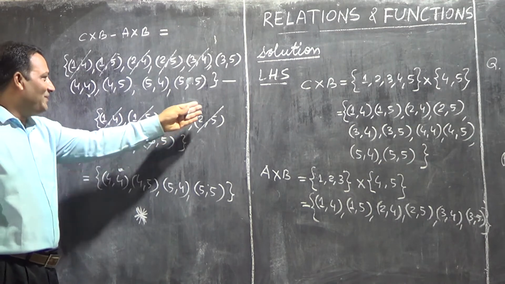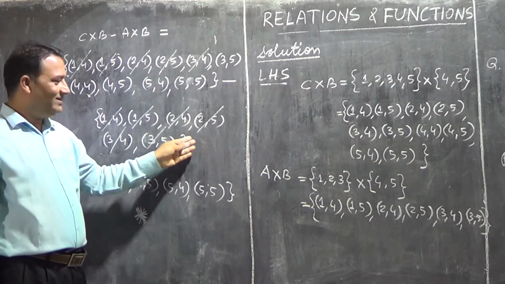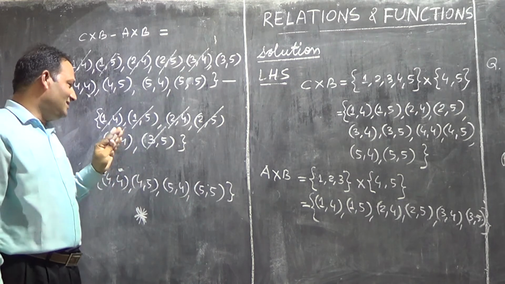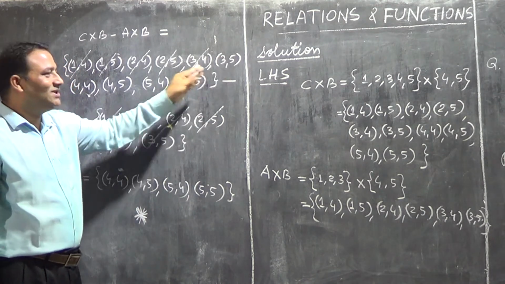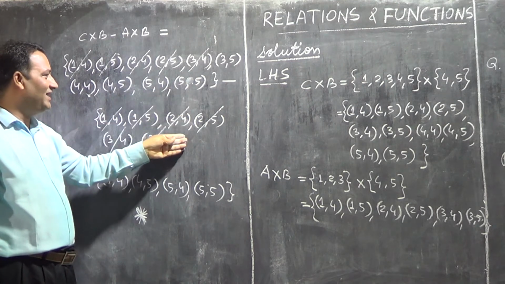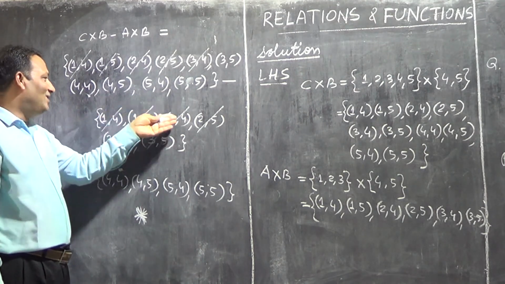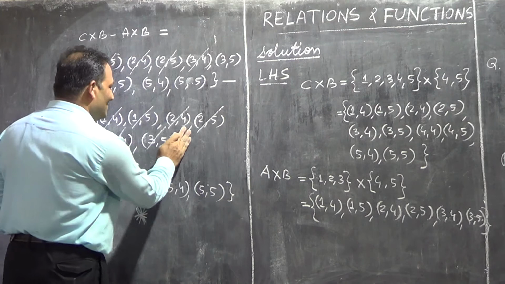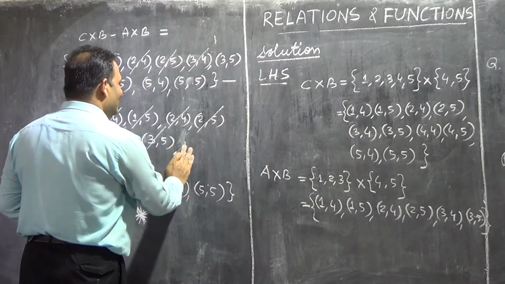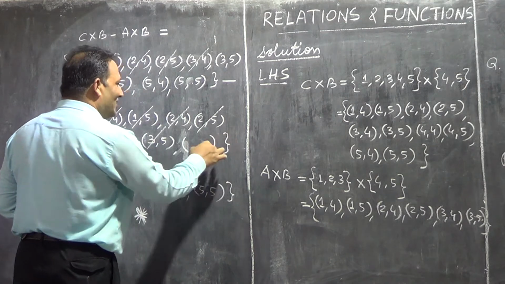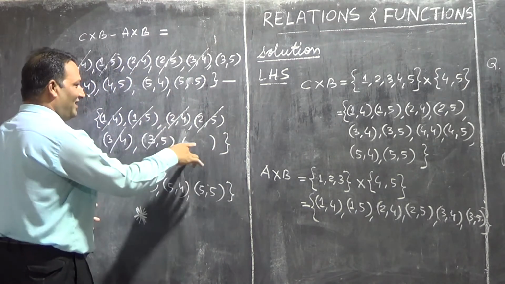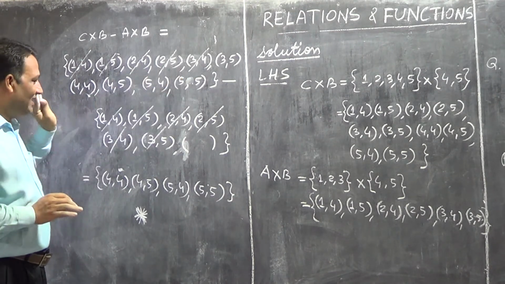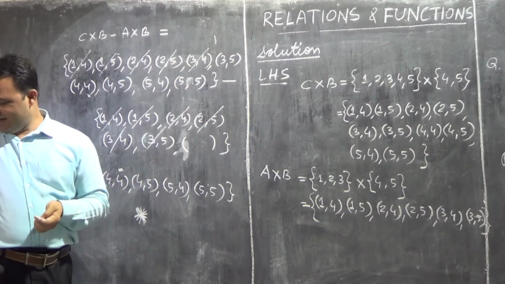But if any ordered pair is left out after the minus sign, don't write it. Here, fortunately, all the ordered pairs are cancelled, so we have nothing to worry about. So this is the left hand side.